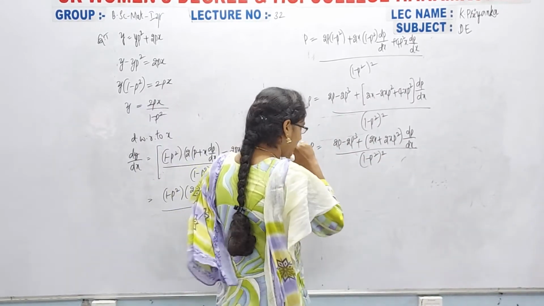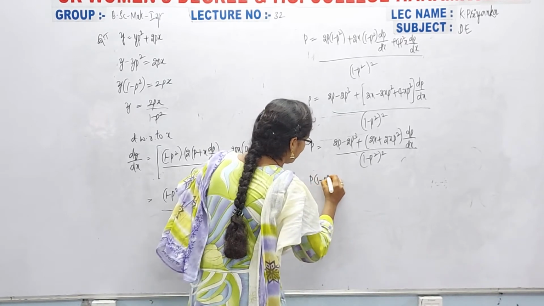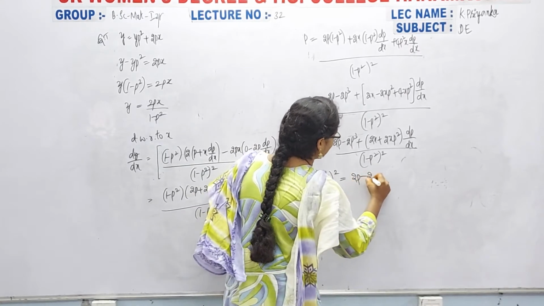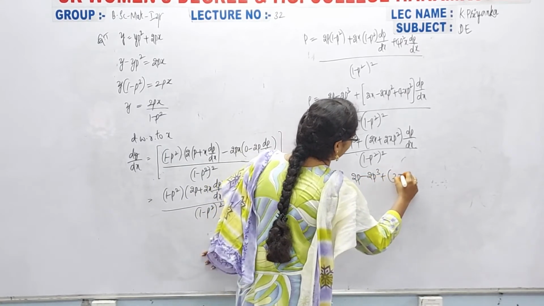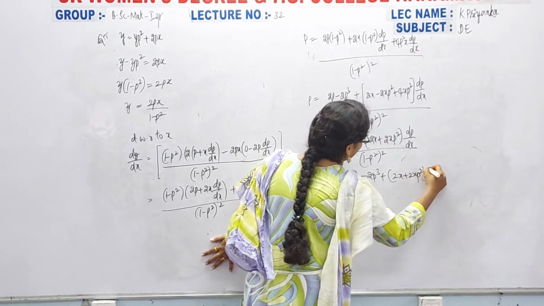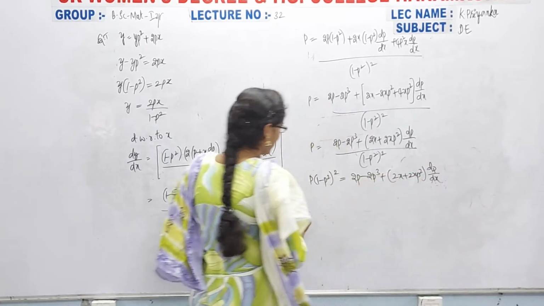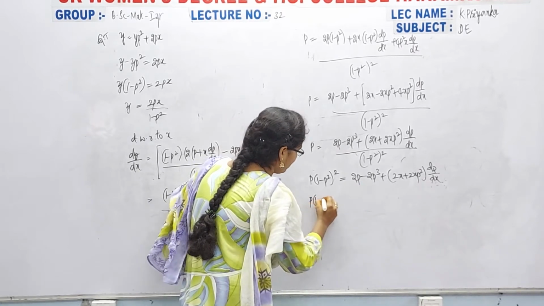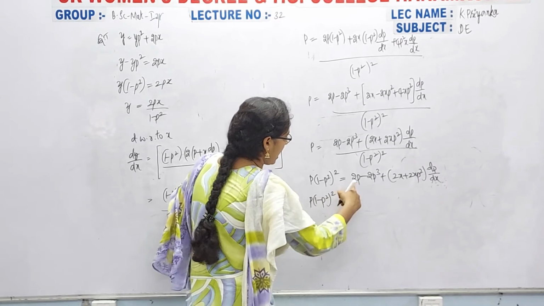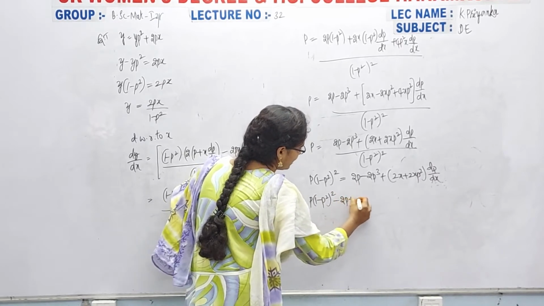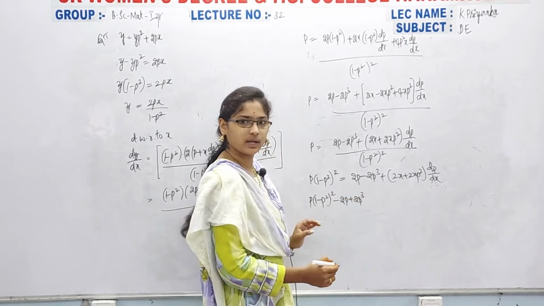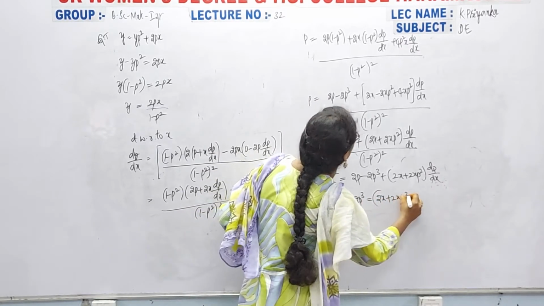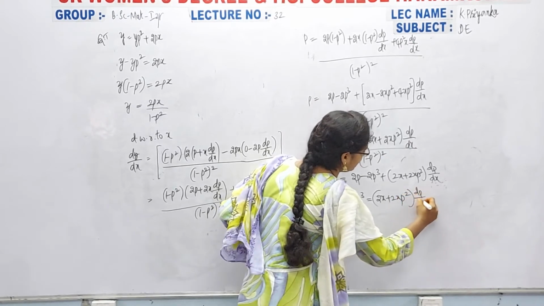Okay, so now here first of all p of 1 minus p square whole square, I am taking cross multiplication, which is equal to 2p minus 2p, then it is somewhat easy. Okay, so now here I am taking these values to this side, then p of 1 minus p square whole square, and here minus 2p plus 2p cube equal to 2x plus 2x p square into dp by dx.